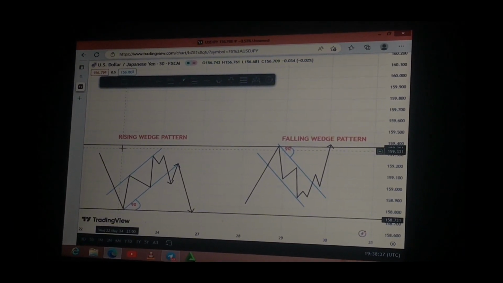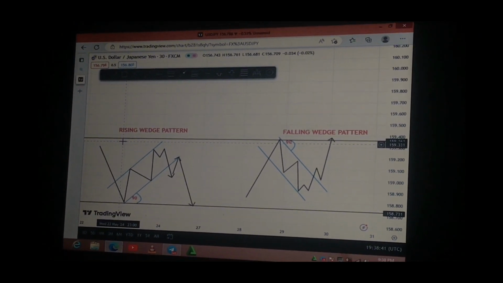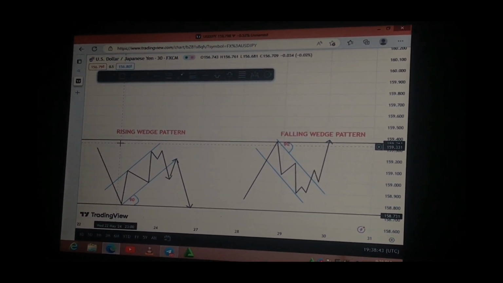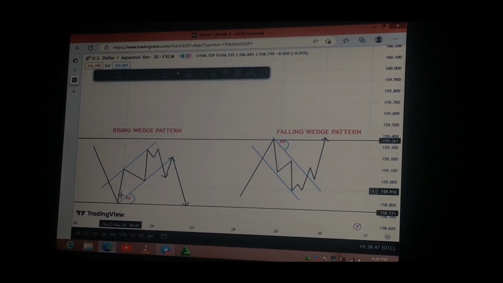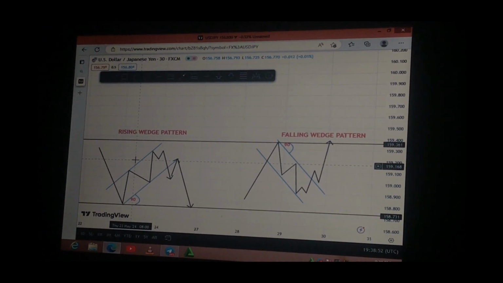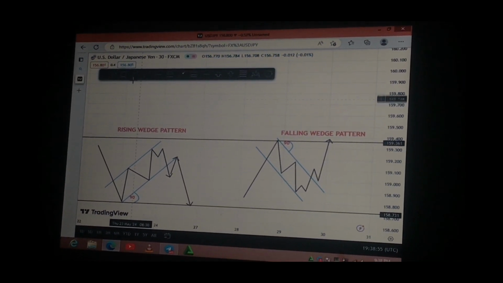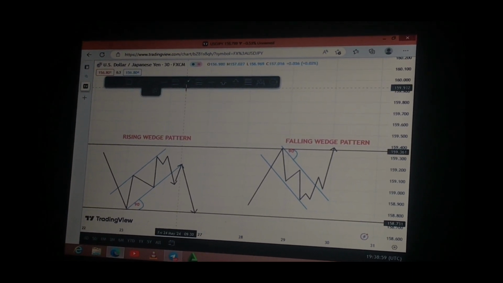So a rising wedge, let's say the market was in a downtrend, right? The market was in a downtrend, going down, and then the market started giving you a correction. The market will always give you an impulse move, and then a correction. Let me show you.